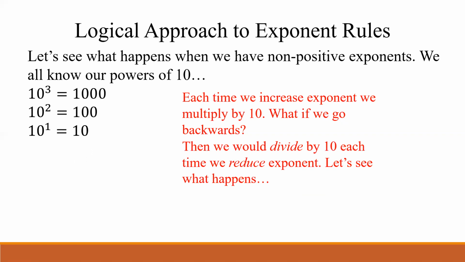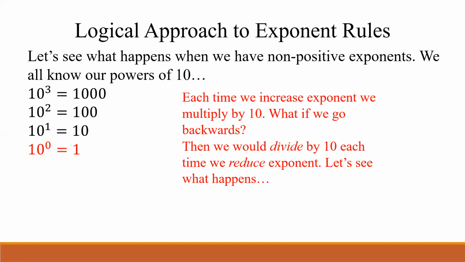So now if we take away an exponent and do 10 to the 0, we have to divide 10 by 10. We know that's equal to 1. So that means 10 to the 0 power is 1. I'm going to highlight that there for just a second, because that's a really important point to make, and we're going to see it again in a second. Anything to the 0 power is going to be 1 all the time.